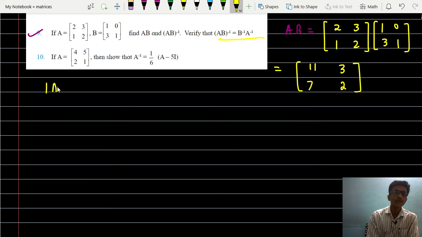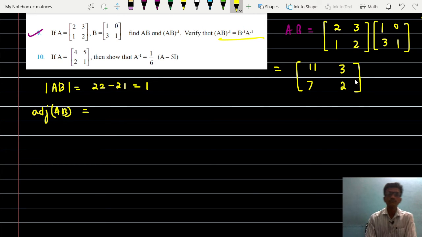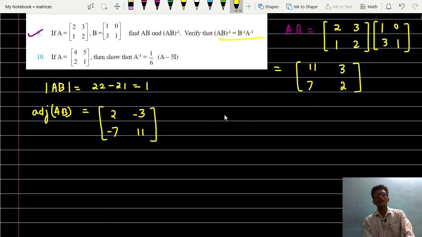Then we find its inverse. So the determinant of AB is equal to what? It is 22 minus 21, which is 1. Then the adjoint of AB is obtained by interchanging the diagonal elements, that is 2 and 11, and changing the sign of the non-diagonal elements. So we will get this adjoint.